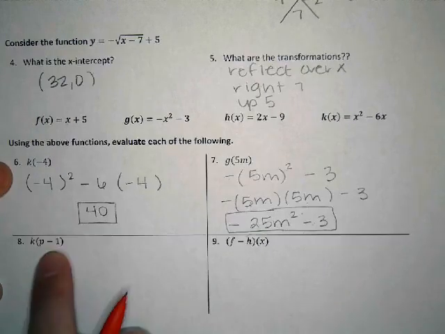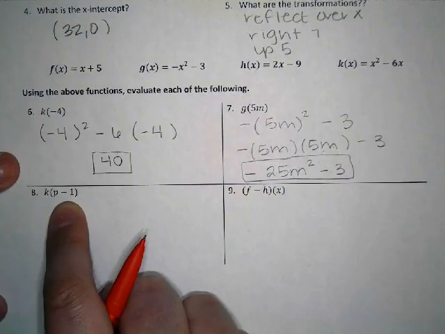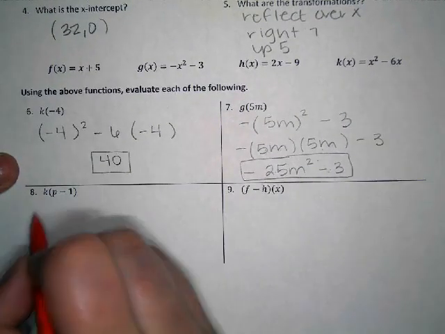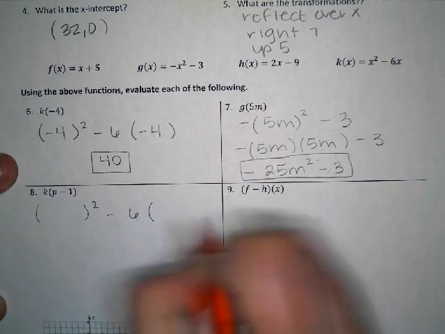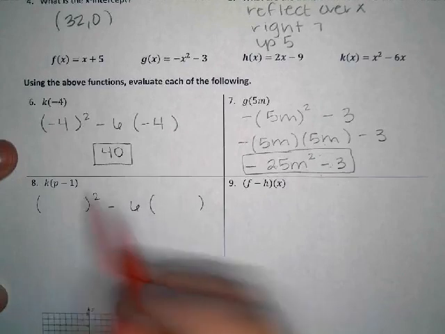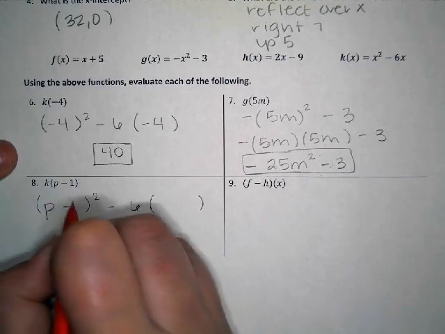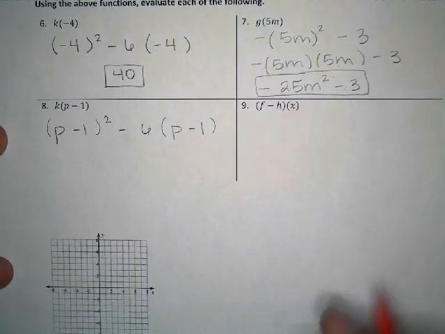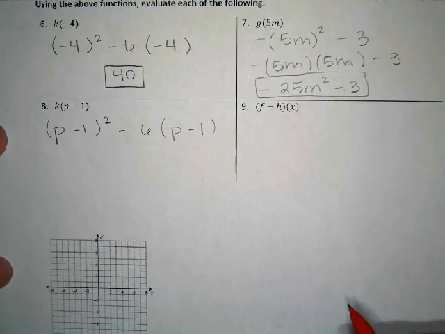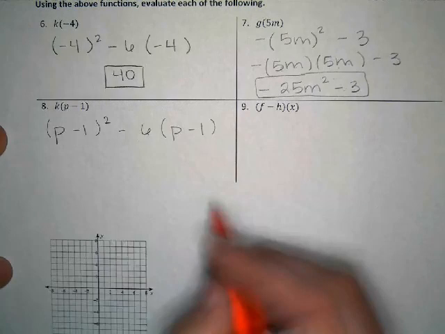Okay, next one, we're taking function k. We got 2 x's here, so x squared minus 6 times x. And then in for the x, we are plugging p minus 1, p minus 1. Okay, and now what do we do? We can distribute the 6.